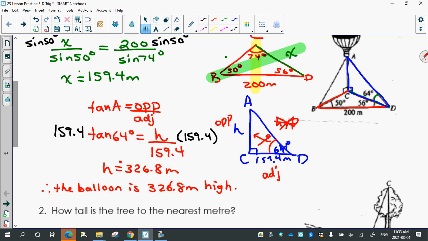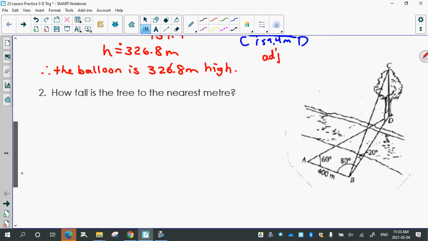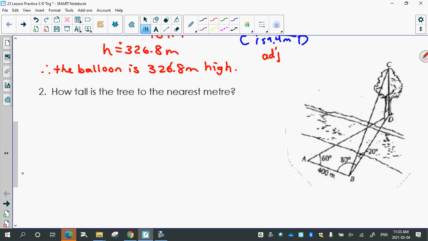Okay, all right, let's look at the next picture and try to picture it. How tall is the tree? All right, so now I'm the tree, and there's a triangle in front of me like this that's on the ground. Triangle on the ground, and that triangle is ABD. Pretty good. So I'll recopy that one.